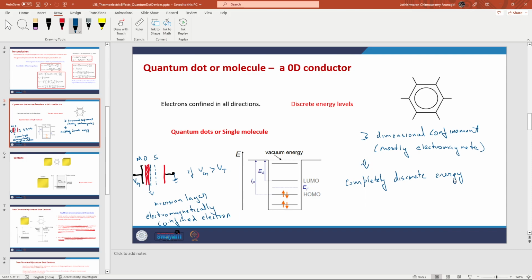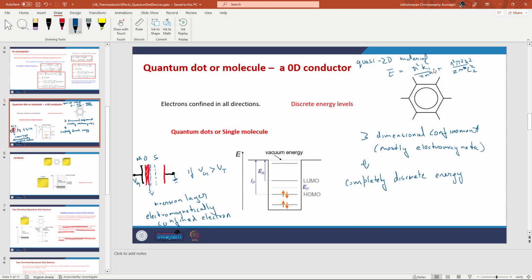And in the other two directions where it is free, for a quasi 2D material, again from back in our course, we know that E was given by h bar squared k parallel squared by 2m star plus n squared pi squared h bar squared over 2m star L_z squared.